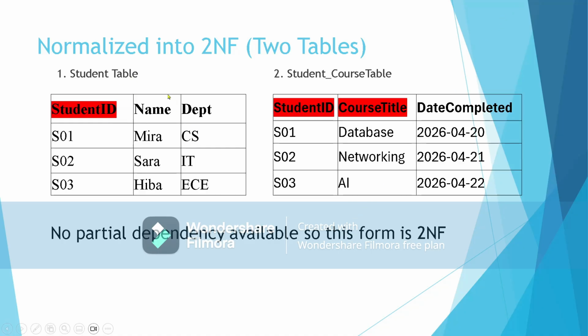For the first table, name and department can be obtained by using student ID, which means student ID is a primary key. Therefore, it shows the fully functional dependency here. Also, for the student course table, the date of completion of the course is obtained by using student ID and course title. So here partial dependency does not exist. Therefore, this relation is in 2NF.